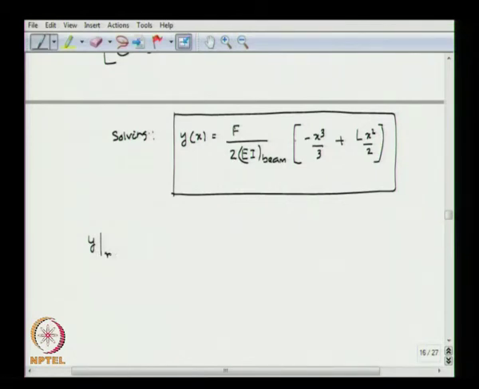So, y maximum will occur at x equal to L. So, that we can find as F L cube over 12 EI of the beam, which will be, so F we have found, F equal to 3.615 into 10 to the minus 3.